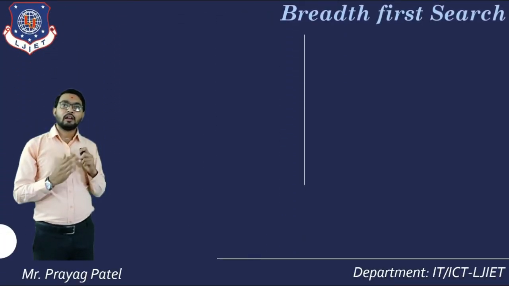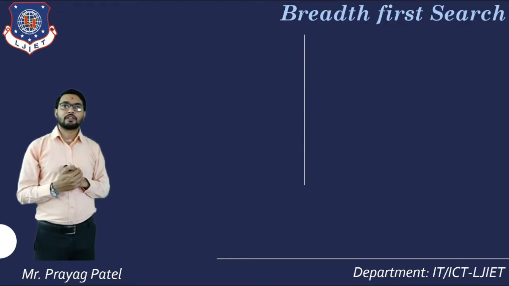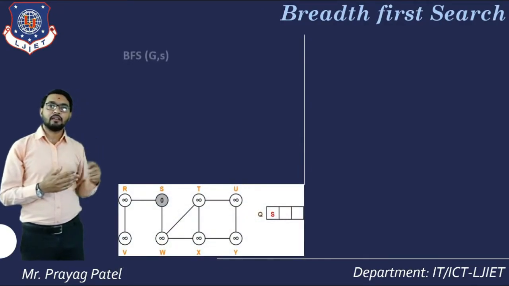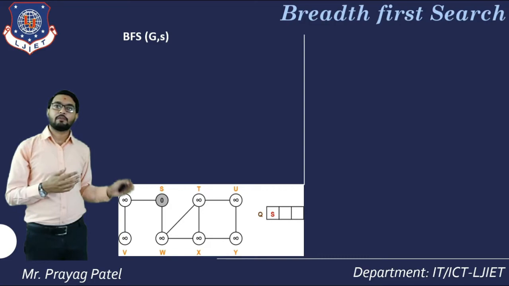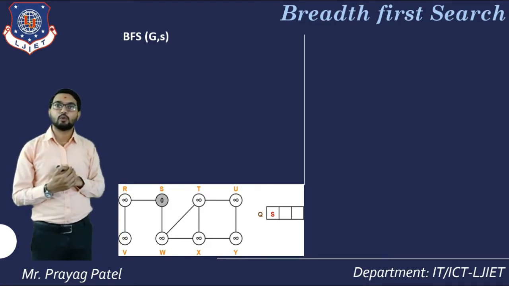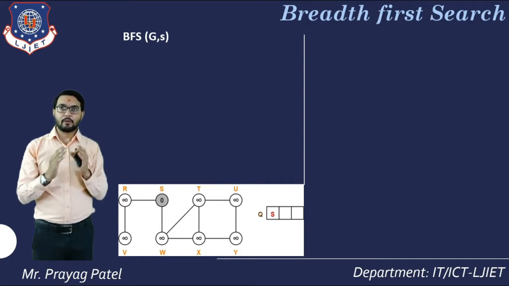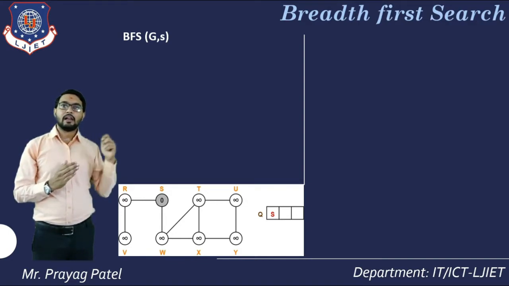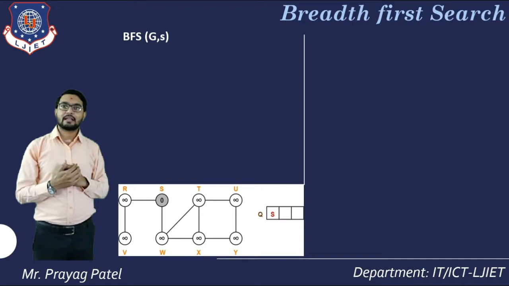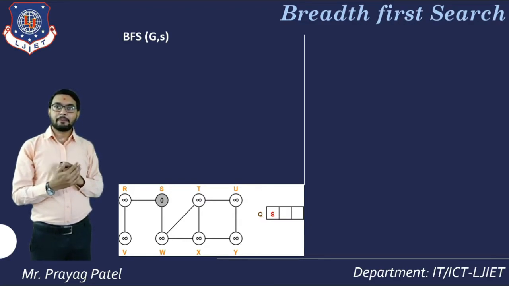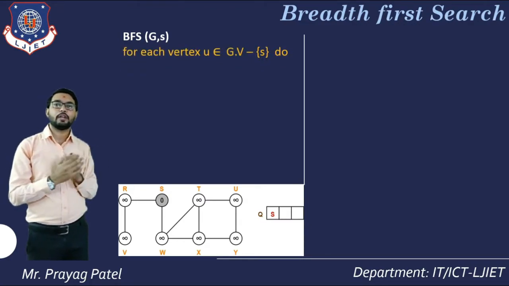Now consider the algorithm for the breadth first search technique. Here we consider the same example or figure for understanding the BFS algorithm. First is the name of the algorithm, BFS, with arguments G and S. Here G means the given graph and S is the starting point.